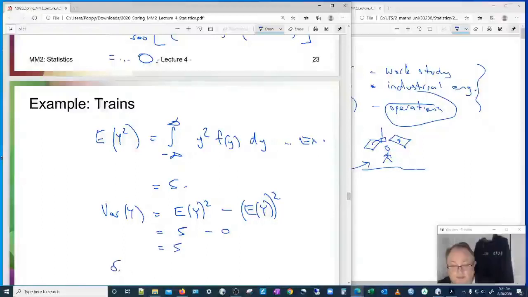And so our standard deviation for y is the square root of the variance for y, which is 2.24. So you're learning where the computer is getting its values from. Okay, yes, you should get a formula sheet.